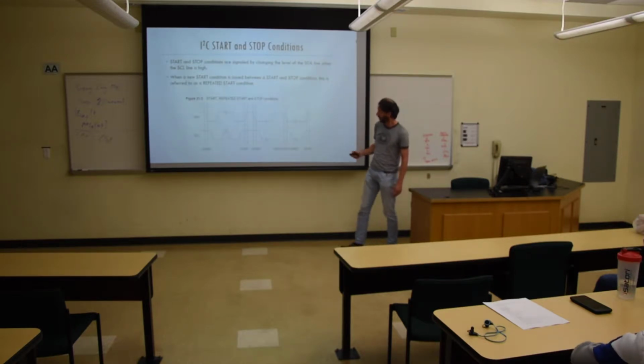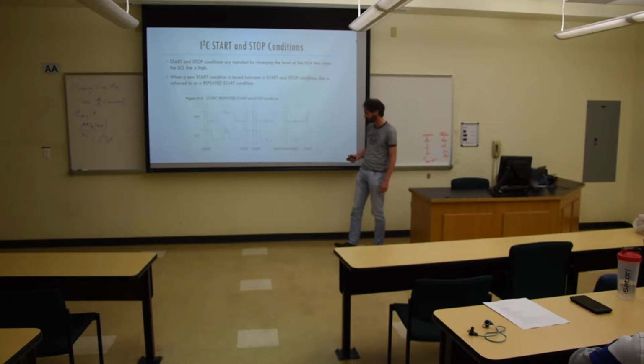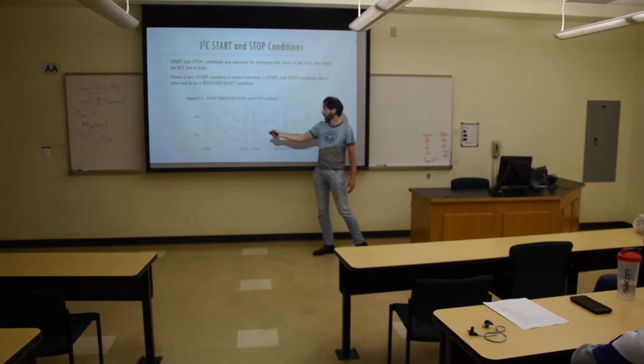So how does it work? Well, let's first talk about how to start communication. So the idea is that you have a clock signal that goes up and down, which is of course used to synchronize all the devices together. Next you also have this data line.